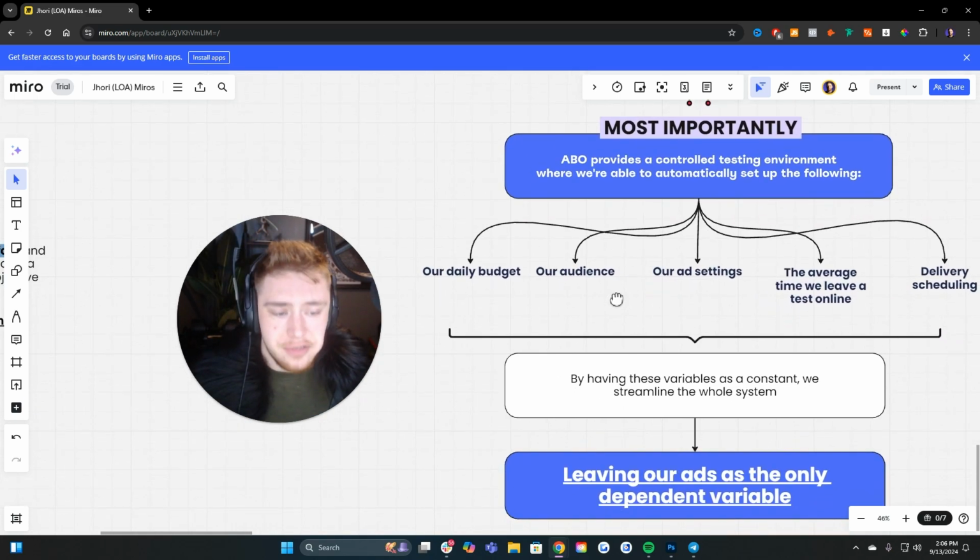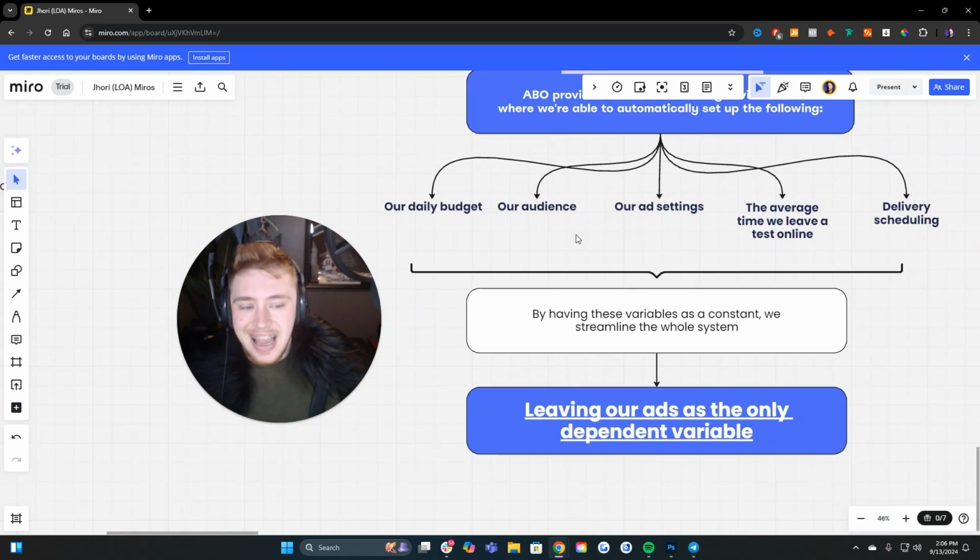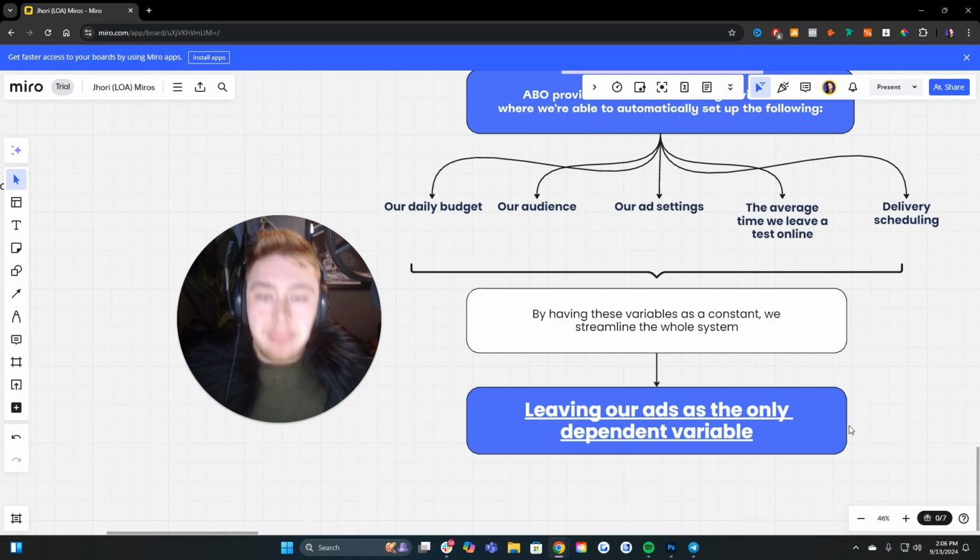When we have all of these variables as a constant, as a control, we streamline the whole process, leaving the ads or the creatives as the only dependent variable, the only variable that we can realistically judge success on. It's either the ads didn't work or they did work, because all of these other settings are the same.